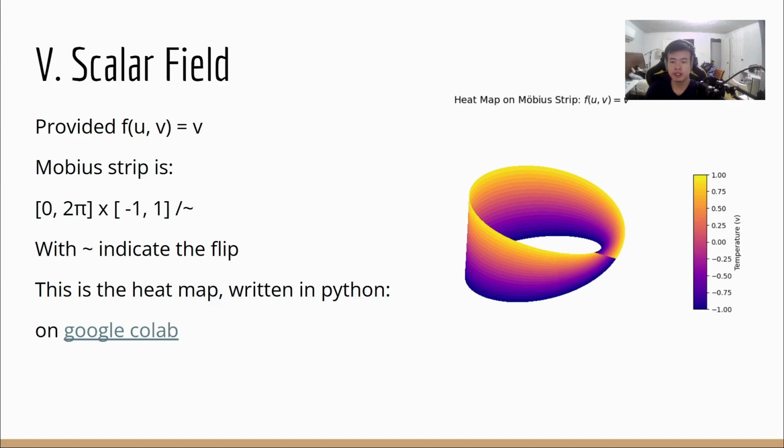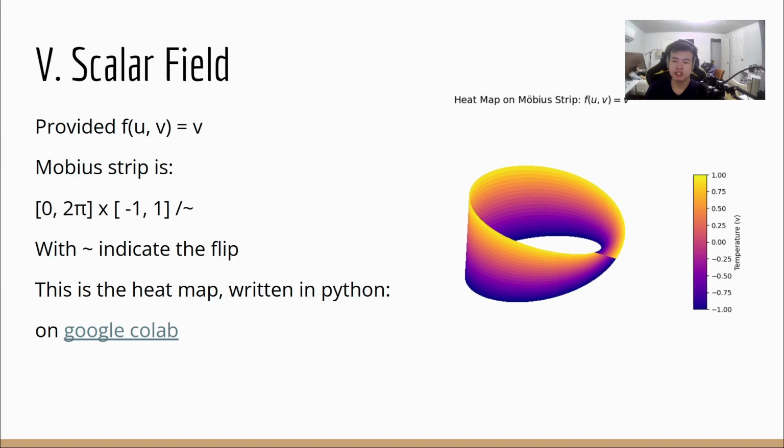Traversing the strip can reverse the direction of the normal vectors, and as a result, the integral could yield different, opposite values. So instead, I define a scalar field f(u, v) equal to v, where the values at each point depend on the width position that we are at.